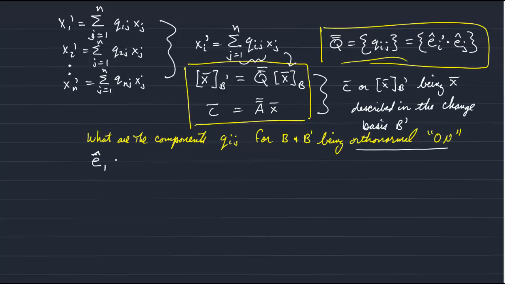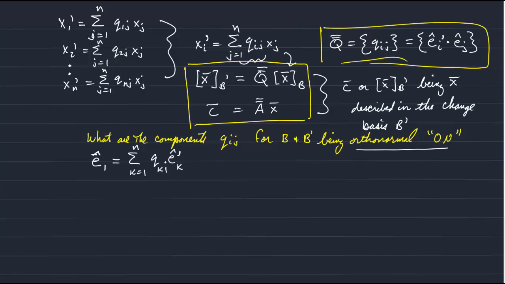So E1 is equal to the sum for k. I'm going to use k as the summation index, and we have Qk1 and the base vector for the changed system. So that's Ek prime.